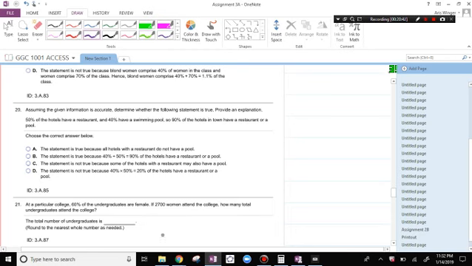Assuming the given information is accurate, determine whether the following statement is true. Provide an explanation. 50% of the hotels have a restaurant, and 50% have a swimming pool. So 90% of the hotels have a restaurant or a swimming pool. So that's false, because some could have both. The statement is not true because some of the hotels with a restaurant may also have a pool.